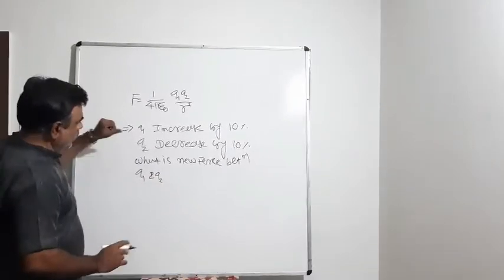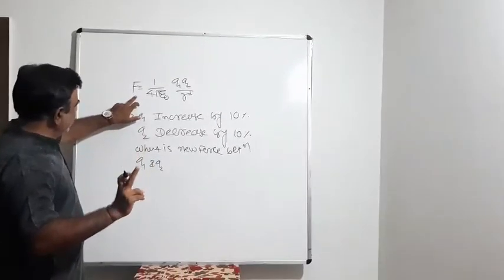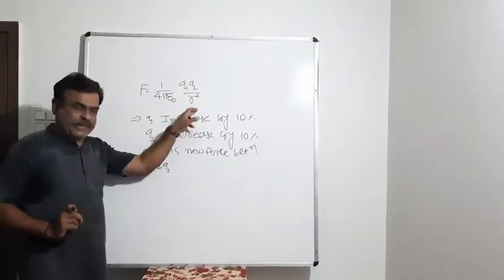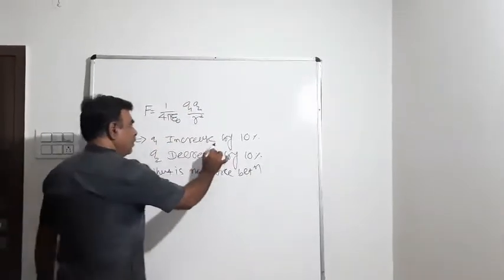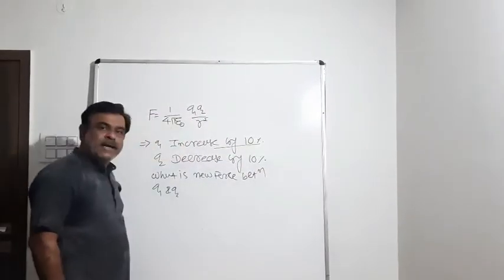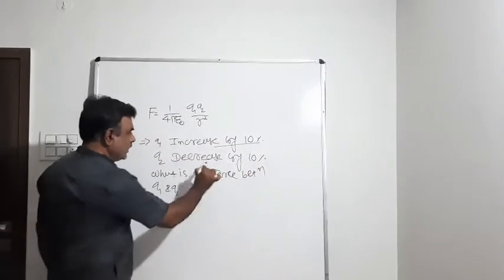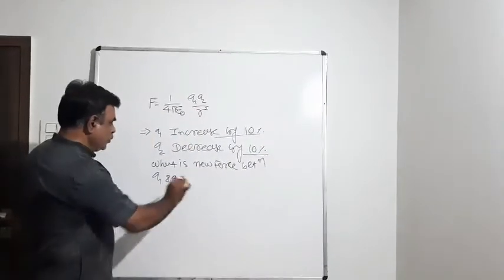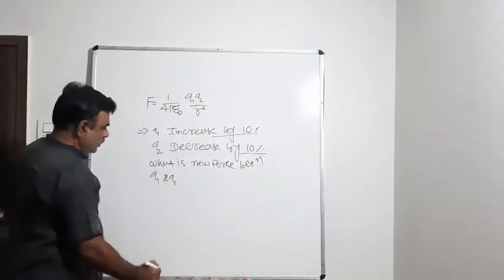The original force F is equal to 1 upon 4 pi epsilon 0 Q1 Q2 by R square. Now one charge is increasing by 10%, the other charge is decreasing by 10%. Then what is the new force between Q1 and Q2?